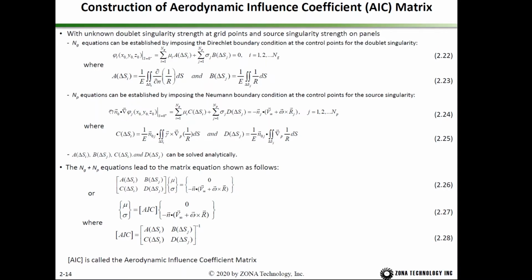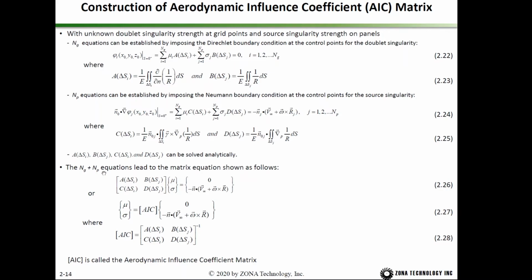So we impose the Neumann boundary condition at the center of each panel, and that equals mu times C plus sigma times D, and equals this velocity along the normal vector, and this is due to the pitch rate, yaw rate, and roll rate, where C and D are the integral solutions of those two integrals. And all those integrals can be solved analytically.